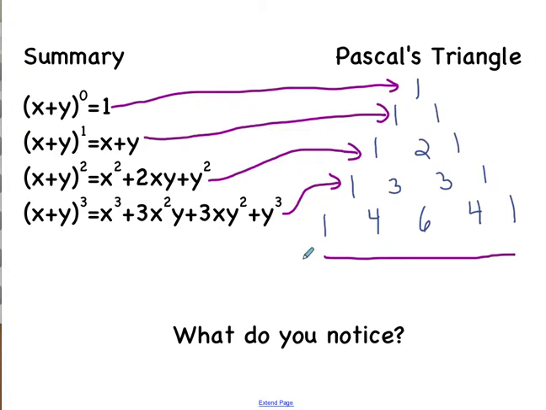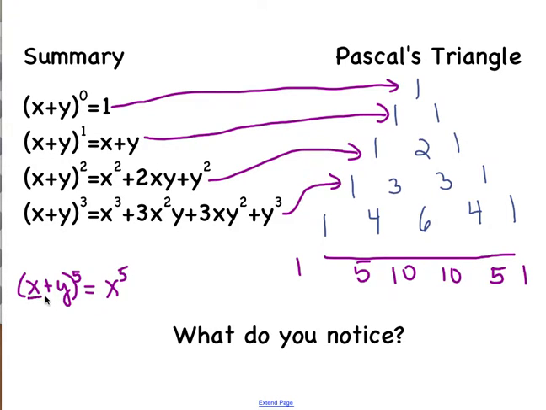If we go one more, I'd have 1, 5, 10, 10, 5, 1. So if I wanted to do x plus y to the 5th, it would be x to the 5th.